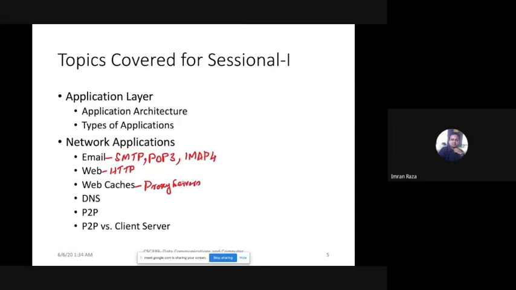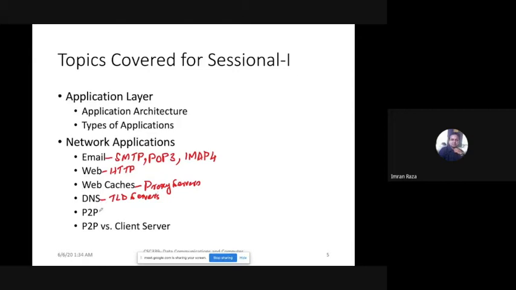Then we talked about DNS, and here we also talked about top level domain servers, and the placement of root DNS and the other details.